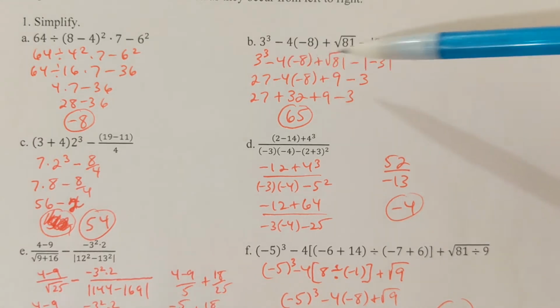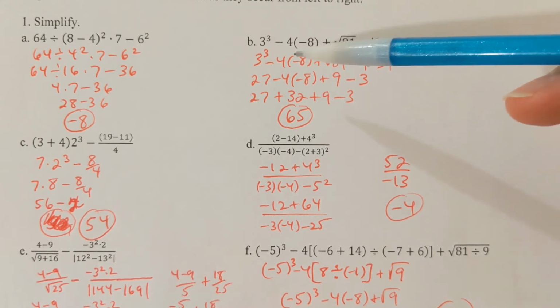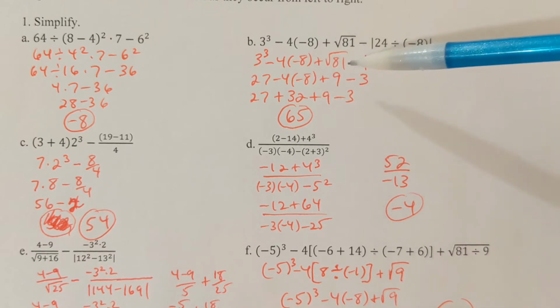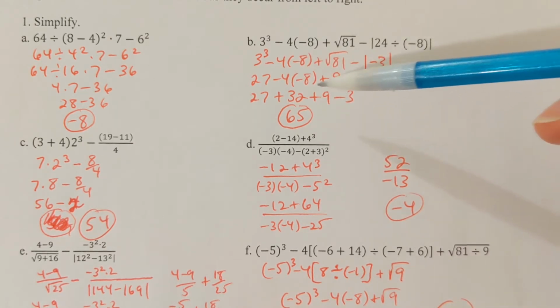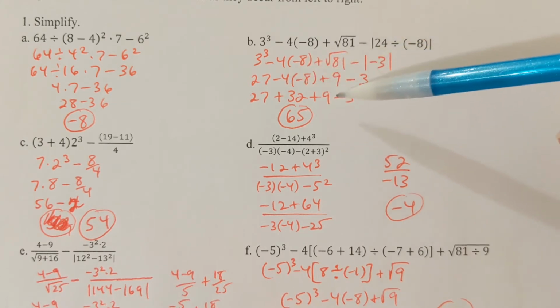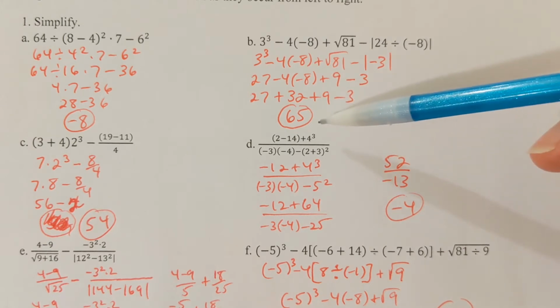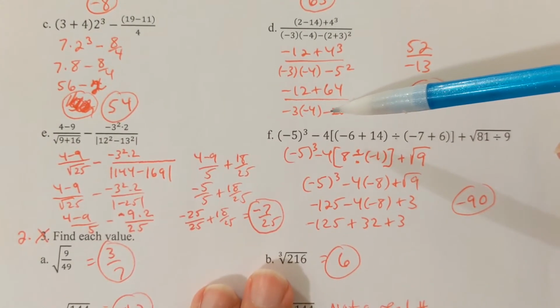Next we take care of the powers. 3 cubed is 27, 3 times 3 times 3, and the square root of 81 is 9. 27 plus 32 plus 9 minus 3 gives me 65 total. Okay.